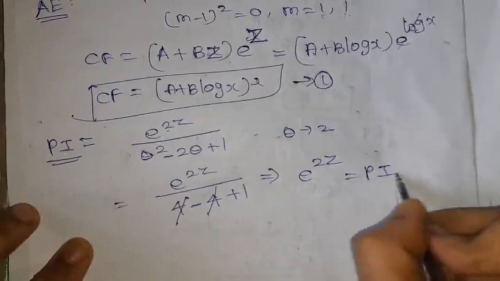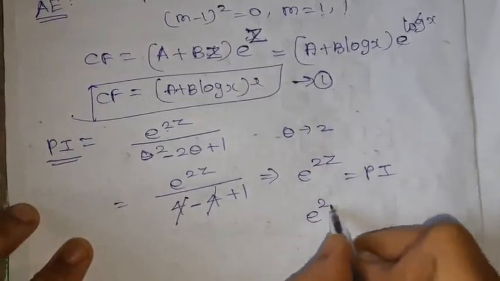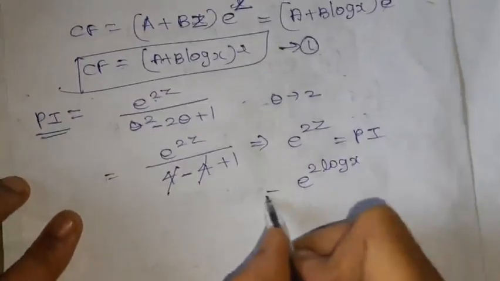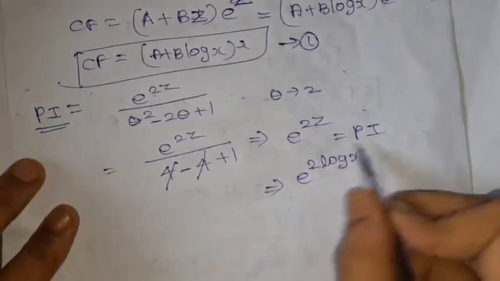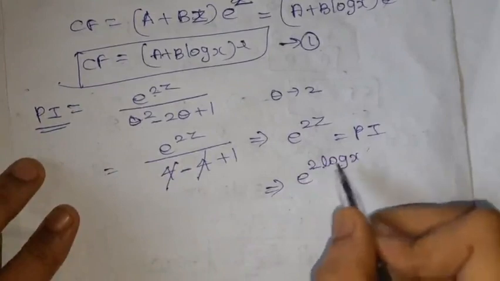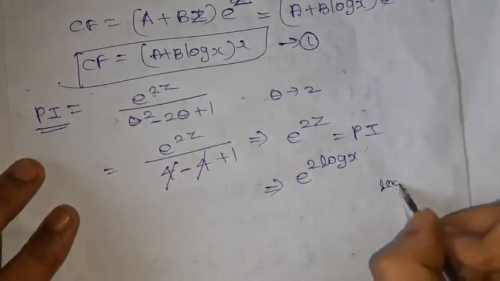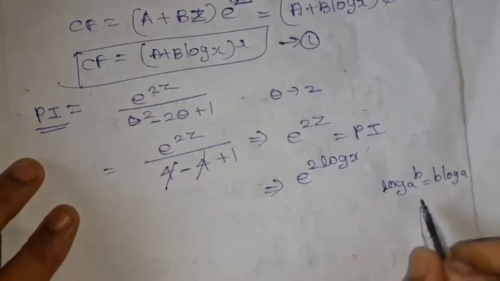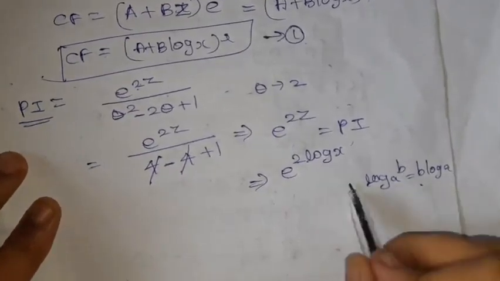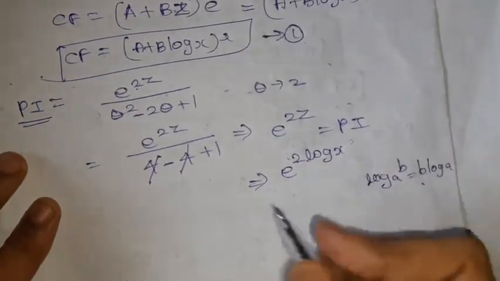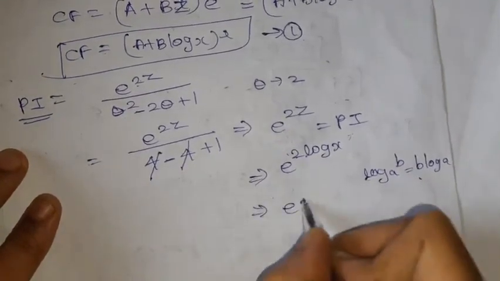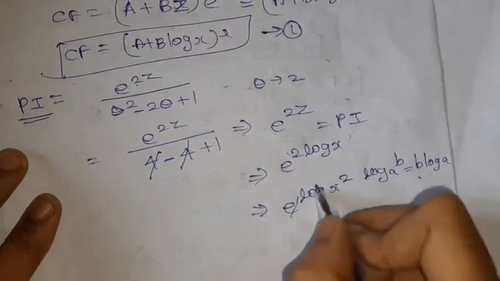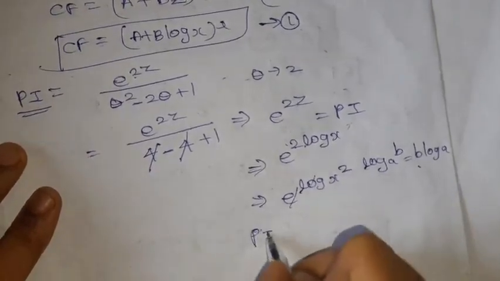Now substitute z equal to log x. Don't forget this, we should change it as a function of x. So e power 2 log x. We know the logarithmic formula, right? Log a power b equals b log a. So 2 will go to the power of x as x squared. Okay, e power log x squared. So exponential and logarithmic get cancelled. So we will get particular integral equal to x squared.